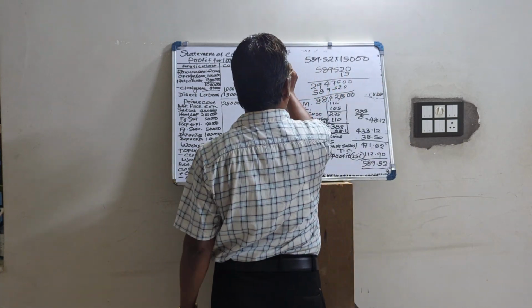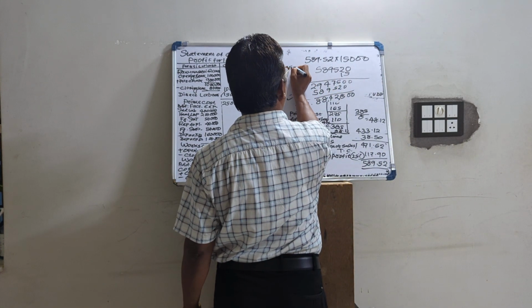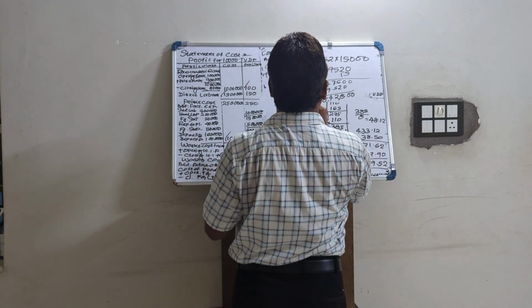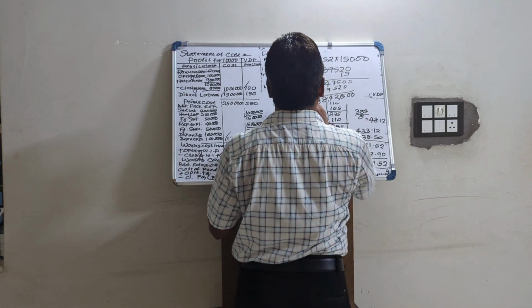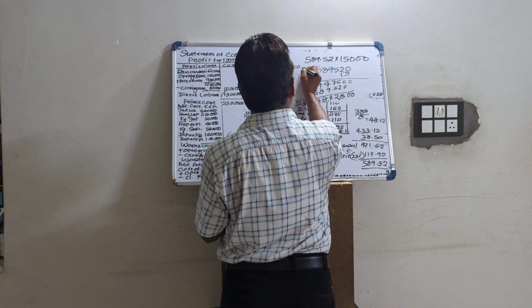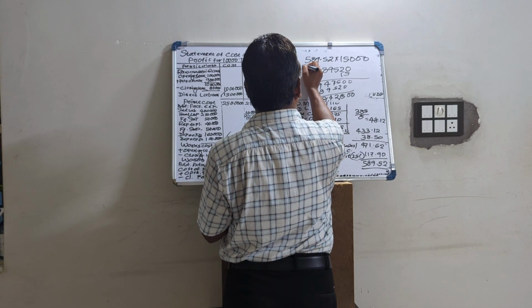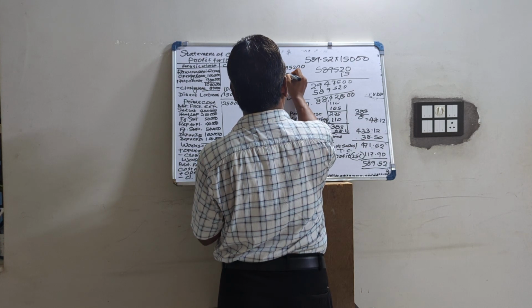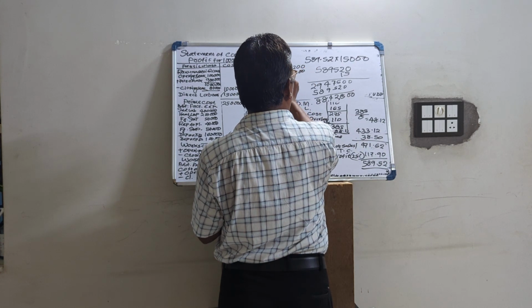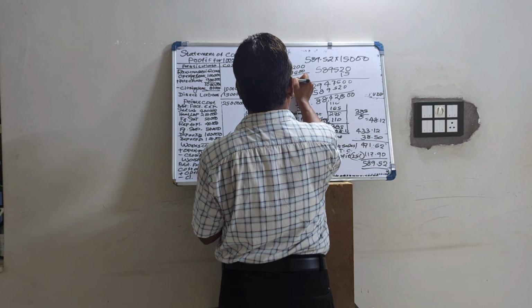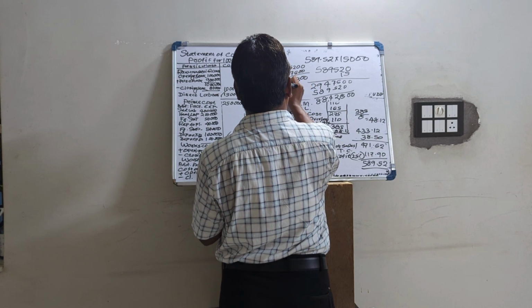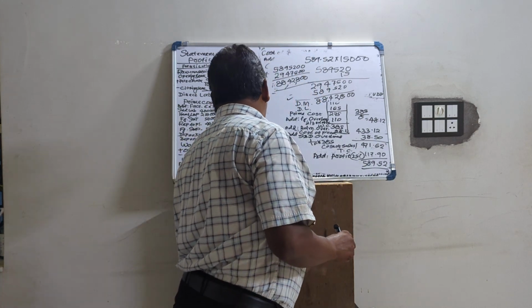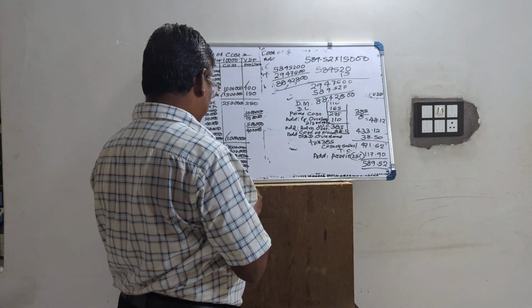That means we can check: 589.52 for 10,000, then 50% more. So 88,42,800 is the quotation price of 15,000 TV display panels.